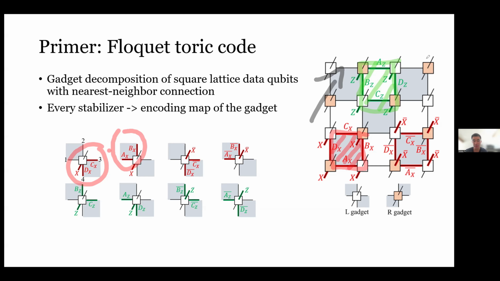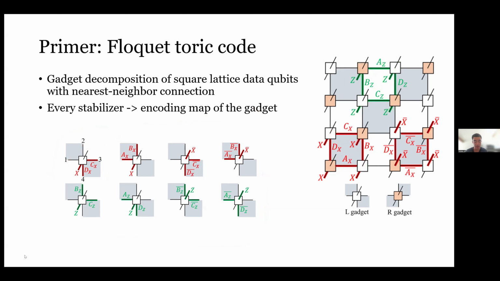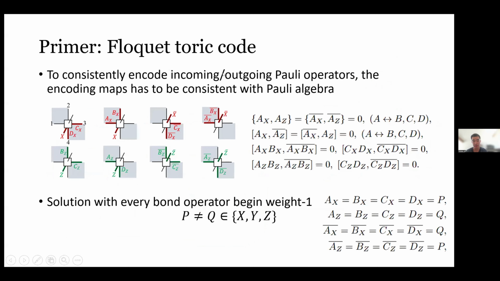Now you set up these 8 maps that the gadget needs to perform. All of them are basically part of the encoding maps of the gadget, because we mentioned that the gadget is a local encoder. What happens next is you have to determine A, B, C, and D. We come up with a set of commutation rules that A, B, C, and D need to satisfy, because they're encoders of incoming and outgoing Pauli operators.